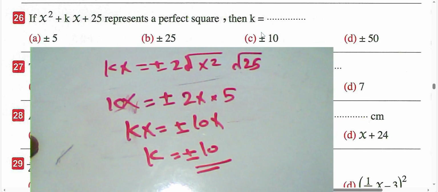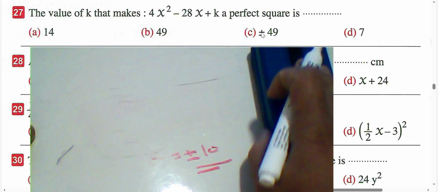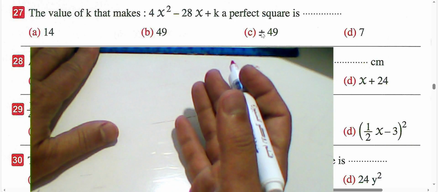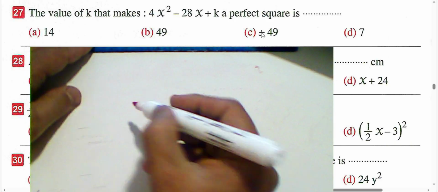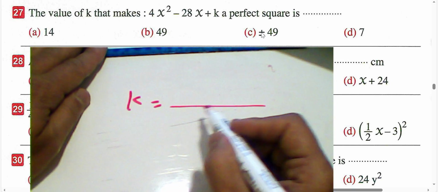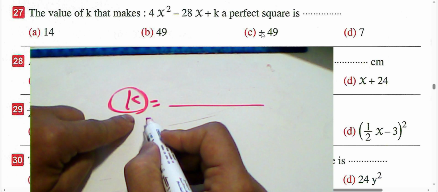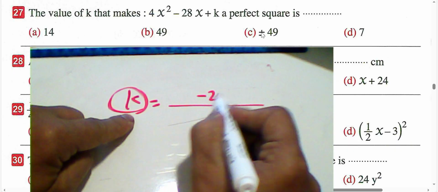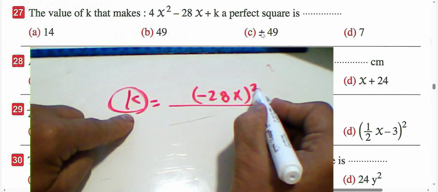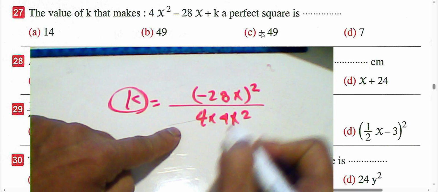Choose that. Let's see. Next question. The value of k makes a perfect square. We can find the value of k here. k lies in the middle, the third middle, then we can write the rule: k equals the third. We know the third will equal the middle, negative 28x all squared, over 4 times the first, 4 times 4x².